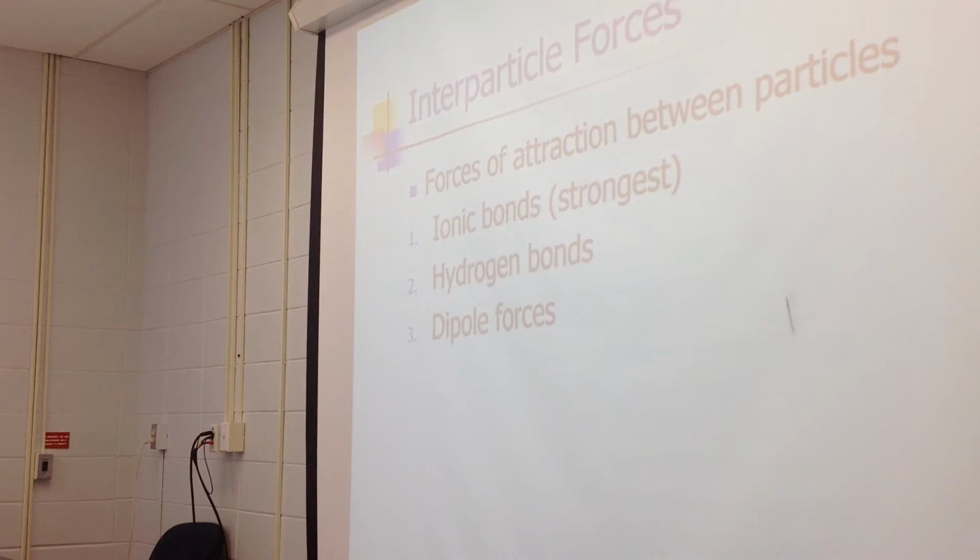Because that's what's made of cations and anions. Hydrogen bonds, dipole forces, well, those are really only going to apply to polar covalent molecules. Okay? So, if we're talking about hydrogen bonds or dipole forces, they only apply to polar covalent molecules. They don't apply at all to ionic compounds.